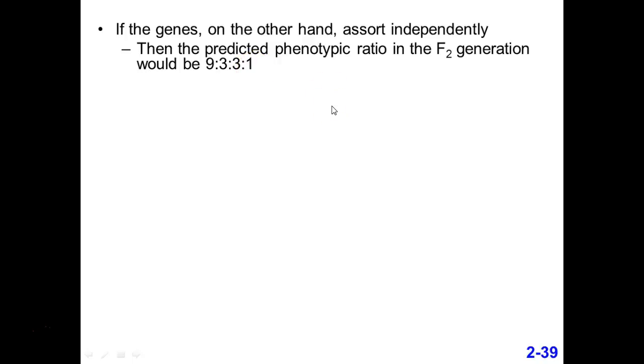That's like the magic number in genetics, right? The dihybrid cross for 2 heterozygous individuals, the phenotype ends up being a 9 to 3 to 3 to 1 outcome. All the time. If you look at 2 traits that independently assort, or are on different chromosomes, you end up with this magic, beautiful ratio.